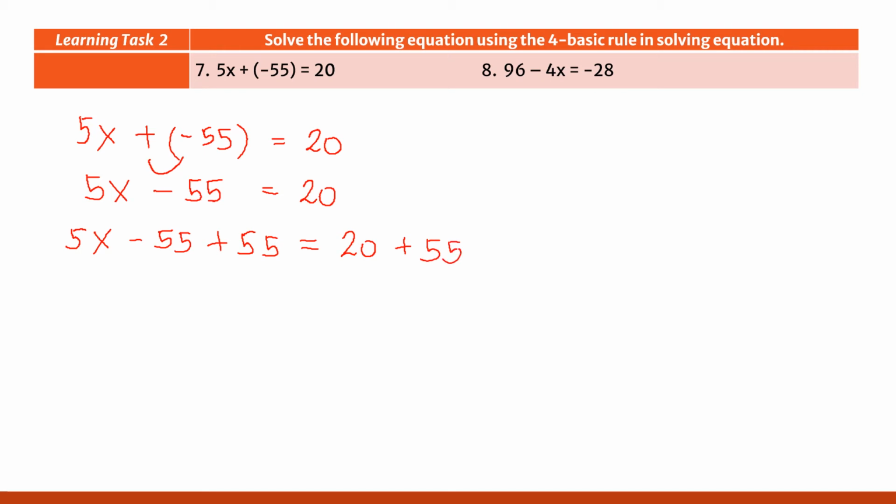Okay? So, addition property of equality. Now, of course, cancel yung negative 55 plus 55 dito sa left side. Ano? So, ang natira natin ay 5x. Okay? Equals, so 5x equals what? 20 plus 55. So, the answer is 75.